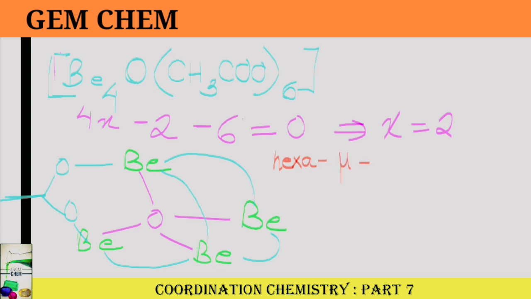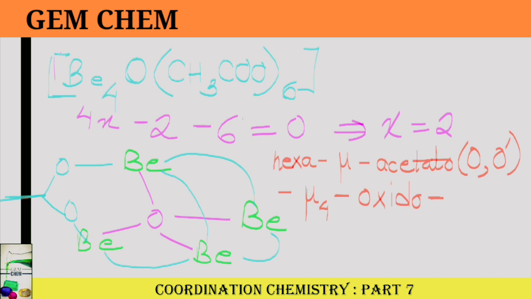Since there is 6 in number acetato, one connection is by O, another connection is by another O. So we write O dash, give a dash, write mu. Since there is 4 in number with the oxido, so write down 4 in the subscript, write down oxido here, followed by a hyphen, then write down tetra.